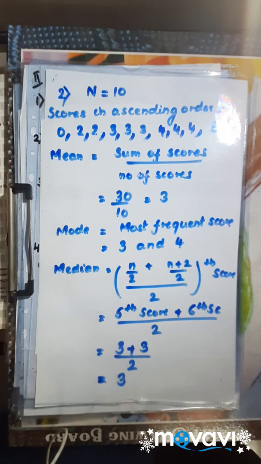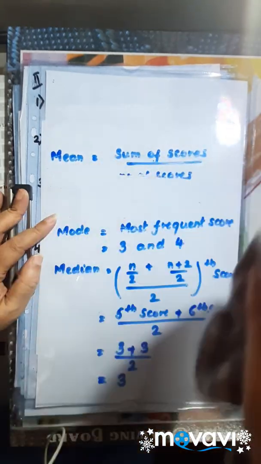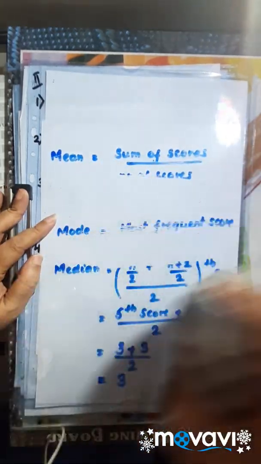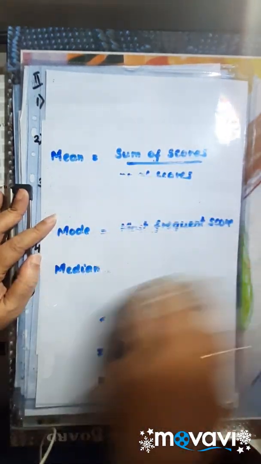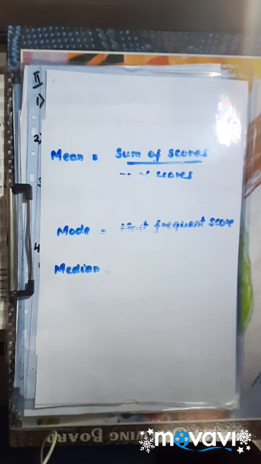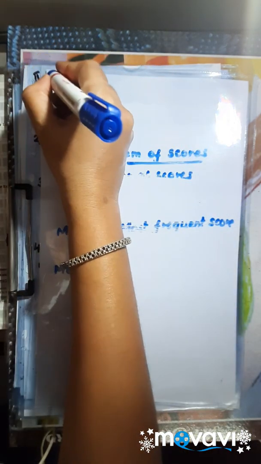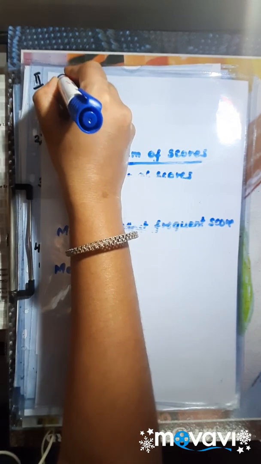Okay. Now, see the next sum. Okay, now let's see. Find the mean, median, mode of the given data. Third question.